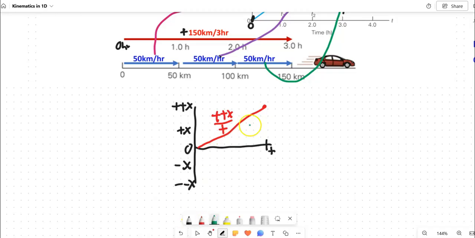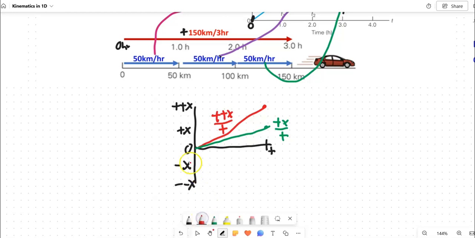If it's not moving so fast, notice that this slope is a little bit more level. So the red is twice as steep as the blue.